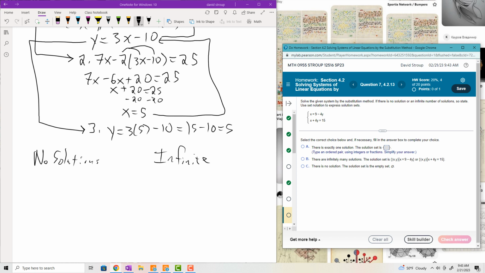This one probably is. So for no solution cases, what you do is just the same program that I developed, step 1, 2, 3. And what's going to happen is that the variables will cancel, and you'll be left with a false statement.